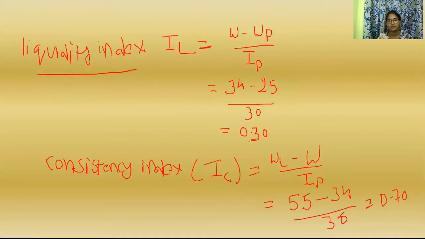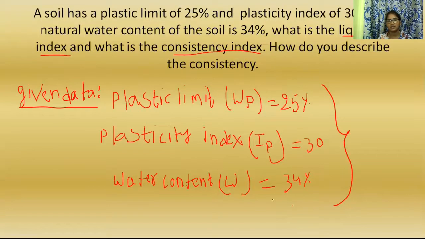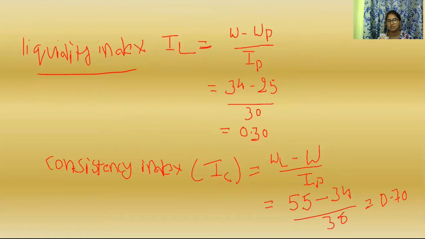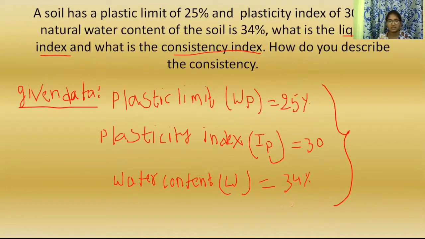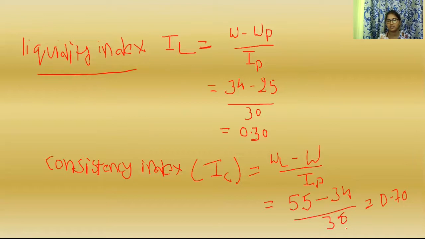Substituting, liquid limit 55 minus natural water content 34, divided by plasticity index 30, gives the consistency index value.